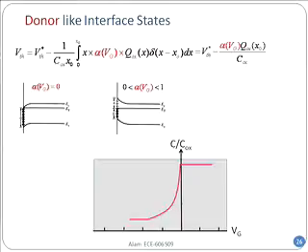As a result, if this fraction, for example, remained the same throughout for all voltages, then I would have a fixed shift in the threshold voltage associated with this amount of charge. So I would have this blue curve. I'm not saying it's constant everywhere, but had it been constant, then I would have a fixed shift in the threshold voltage, and you can see the blue curve has shifted.